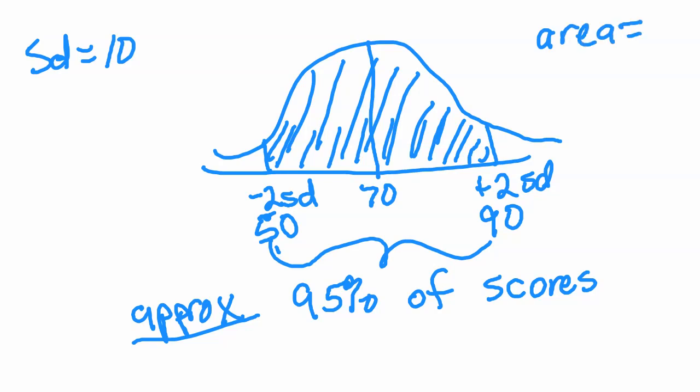And we're going to study that later, so I'm not going to get into too much depth. We're going to spend a whole week on that. So like I said, don't worry about it now. But what we know from the empirical rule is that we could just look at this and say, oh yeah, 95% of our scores should be between 50 and 90 if it's a bell-shaped curve.